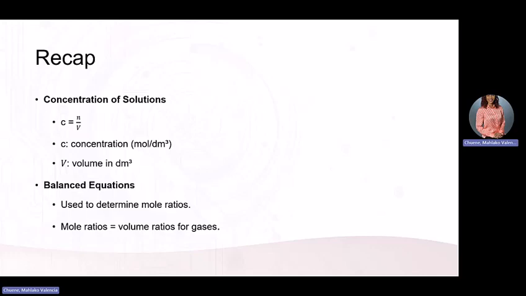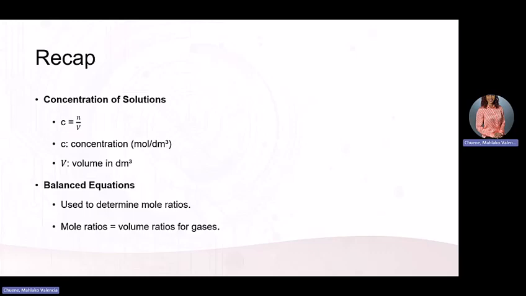And then the formula becomes concentration, which is C equals N over V. Now, as you can tell, there are units of measurement there, and sometimes you are given different units, so you need to know how to convert units, especially when it comes to volume, because you would oftentimes find that they actually give it to you in centimeters cubed, so you need to then convert to decimeters cubed before you do any calculation.